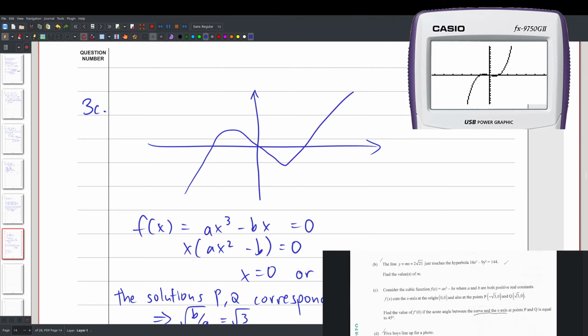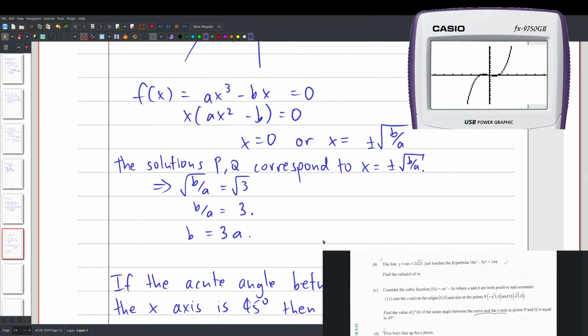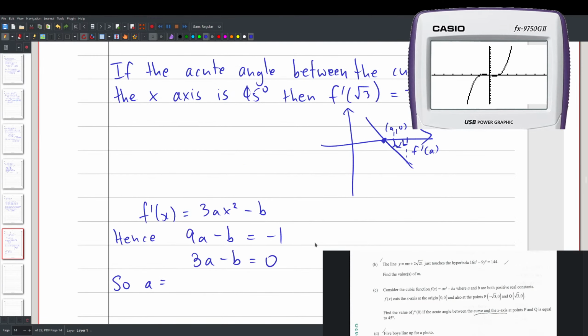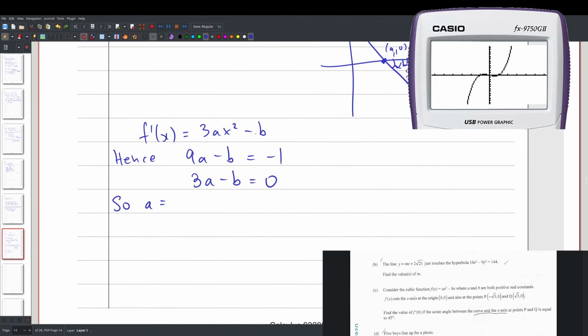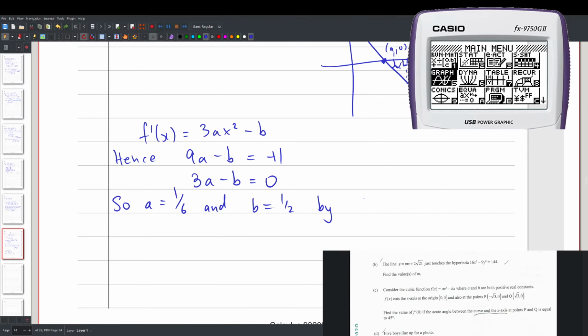Yoink the doink. Yoink. b on a, negative root b on a, so a equals 1 and b equals 1 or 2 by solving simultaneously.